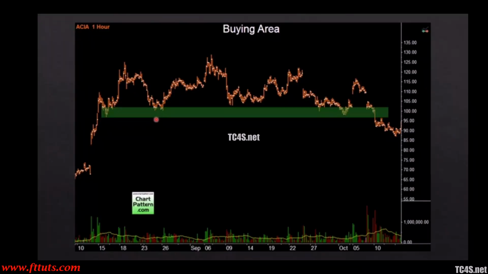So knowing what we learned about support, this is ACIA, an hourly chart, and you can see that price has rejected here at this point. Price rejected twice right here. Price came close but never dug into this area right here, so it's not really a support test. Here price tested into the range, and right here tested into the range.